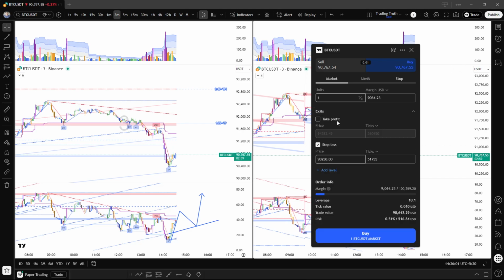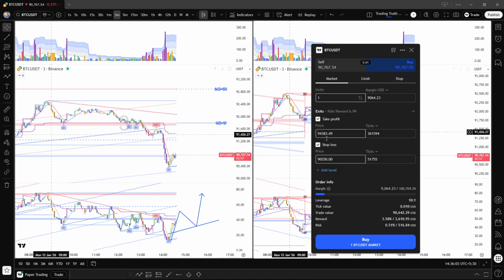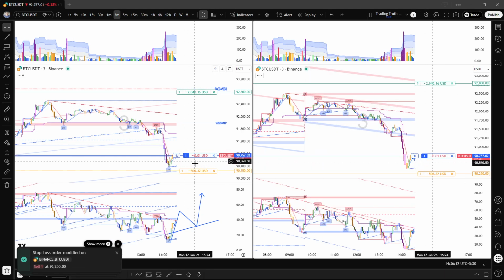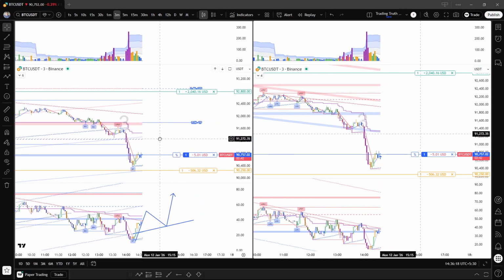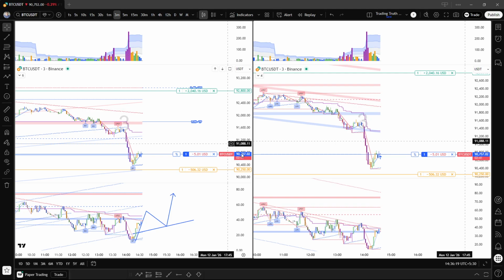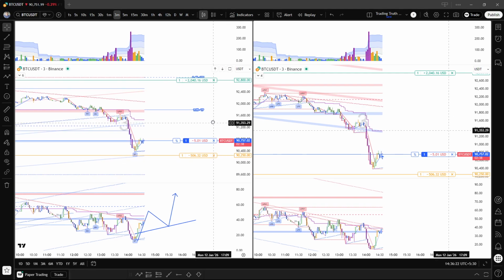And then my take profit is gonna be 90,800. See, I'm risking $500 in order to make $2,000. Even if this trade turns out to be losing, yeah, it's fine. We are practicing here.